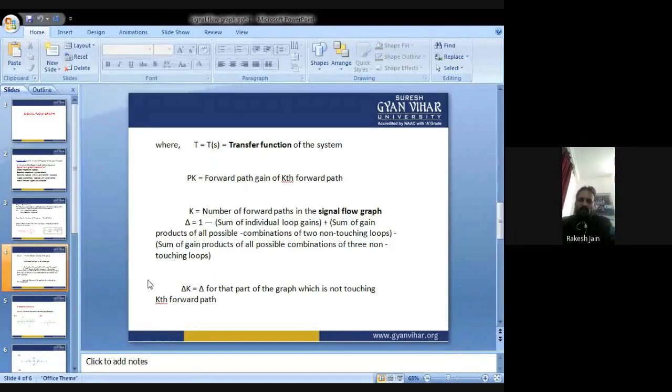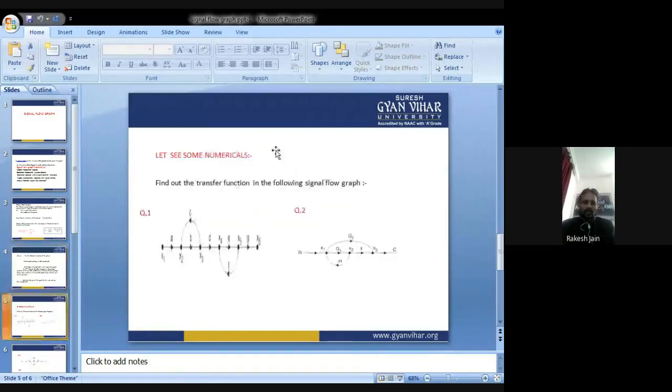Okay. Now without the numerical we can't understand this whole formula. Once we see the numericals, first we start with the simple numericals and find out these values, then complex, and then more complex numericals. So in those numericals you will easily understand what I mean.